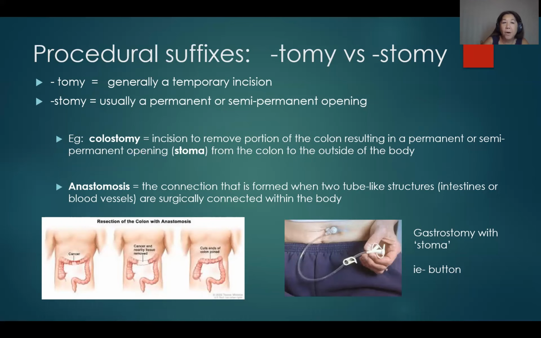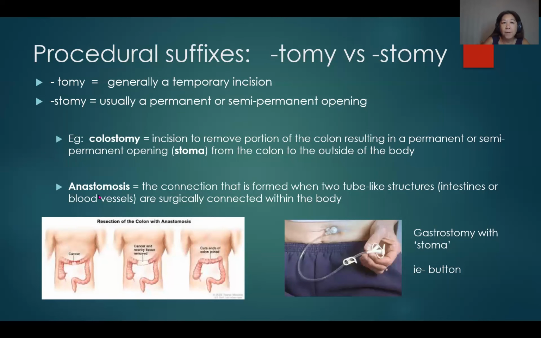Okay, so they remove part of the colon, and then depending on how much they've had to remove and where the surgery has occurred, they may not be able to hook the bowel back up to the rectum, in which case they have to have an opening to the outside for waste products to exit, and it goes into a colostomy bag.